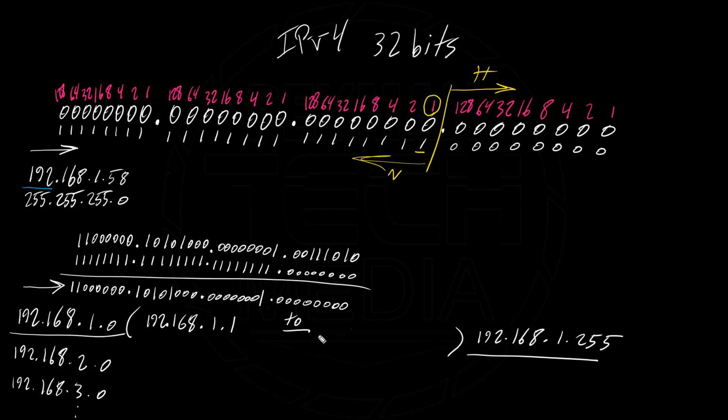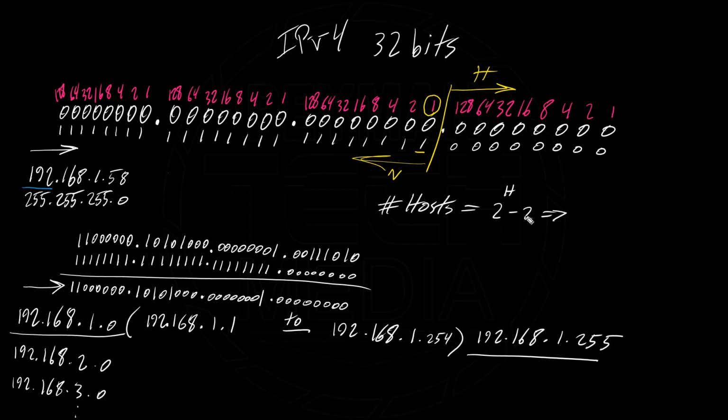192.168.1.1 to 192.168.1.254, which goes from 1.1, one less than the broadcast address. So 1.1 to 1.254, how many available IP addresses are there? 254. There's a formula if we want to find the number of hosts: 2 to the power of host bits minus 2.